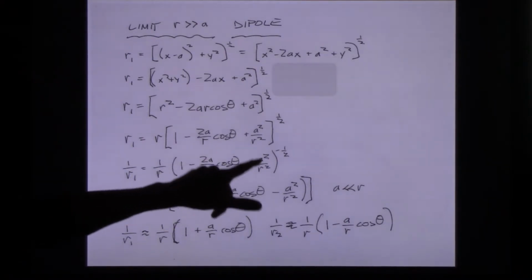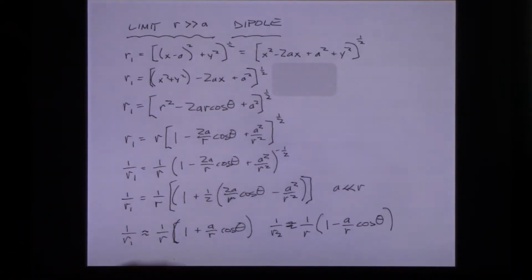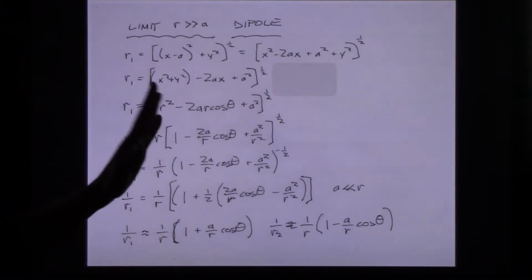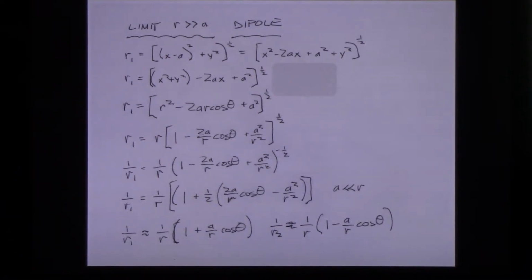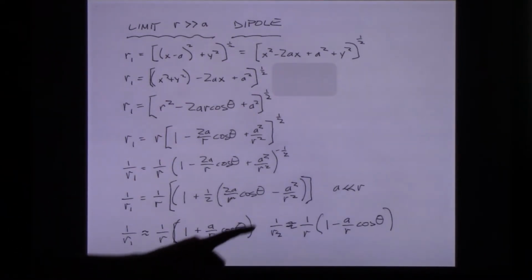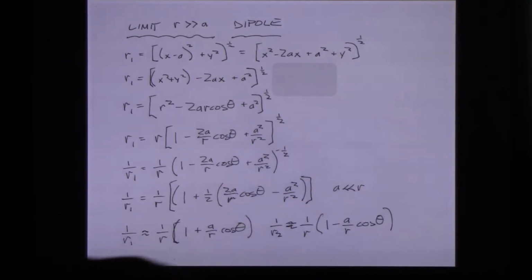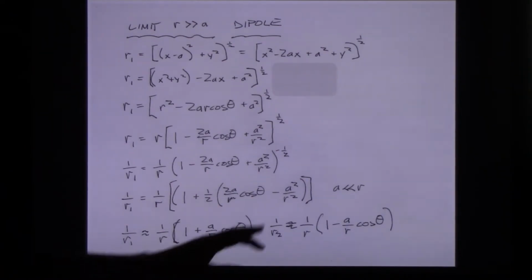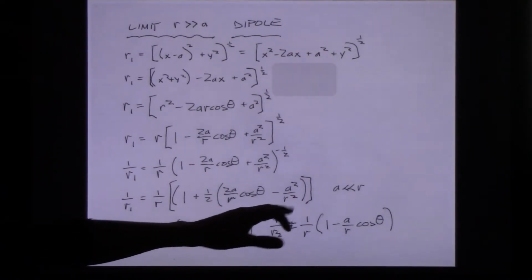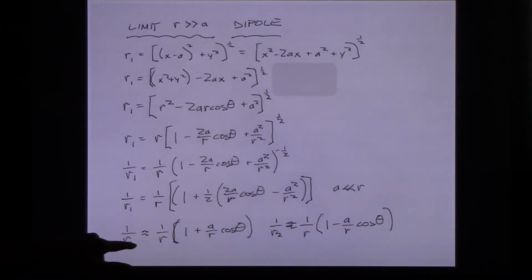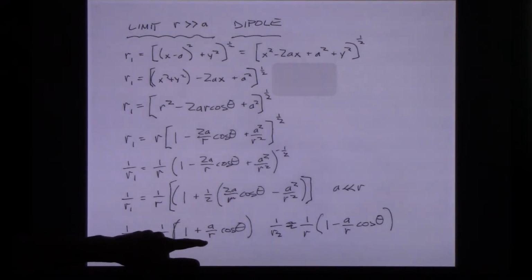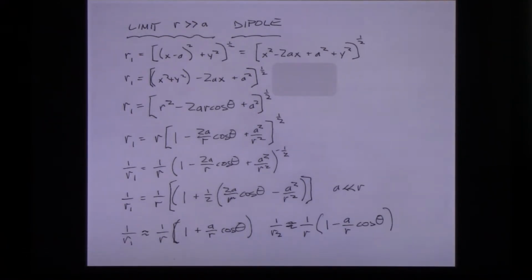And then I looked at the rest of the stuff here, which is 2a over r cosine theta minus a squared over r squared. Now the idea here is I am going to ignore the a squared term, because if a is really small, a squared is really, really, really small. And so I'm going to ignore that. And my approximation formula for 1 over r1 looks like 1 plus a over r cosine theta.